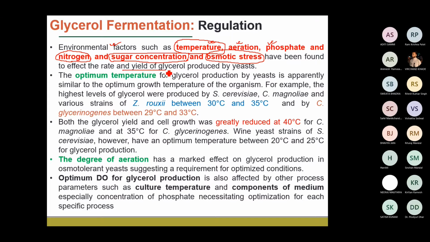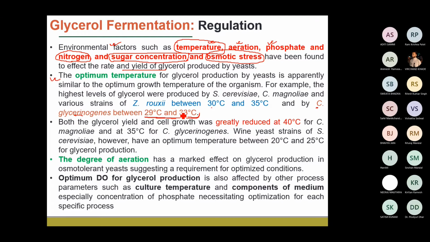If you would like to have maximum production of glycerol, you have to optimize these parameters. The temperature varies with the different microorganisms we use. However, if we are using Candida glycerinogenes, the optimum temperature lies between 29 to 33 degrees Celsius.